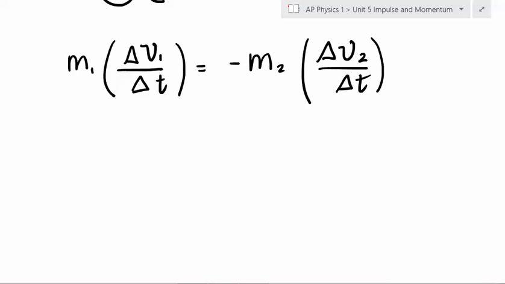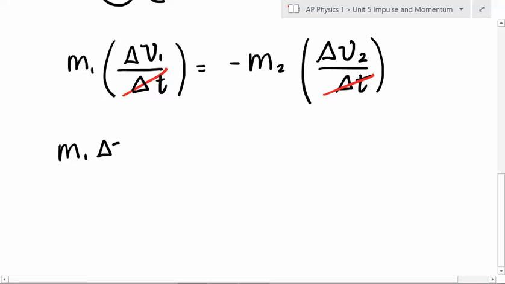Same time. Think about it. If you touch the table and then untouch the table, did you touch the table for the same amount of time that the table touched you? Even though that was a low-key collision, it was still a collision. There was a force between them. And so the time could actually cancel out on both sides of this equation, and then we're left with m1 delta v1 is equal to negative m2 delta v2.